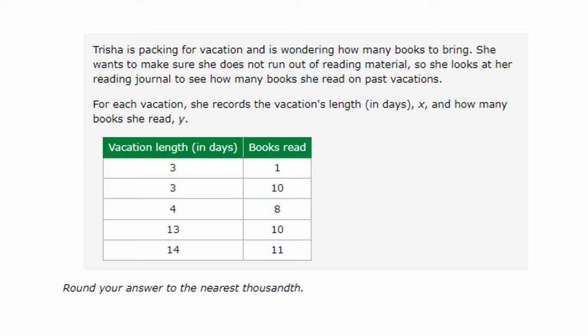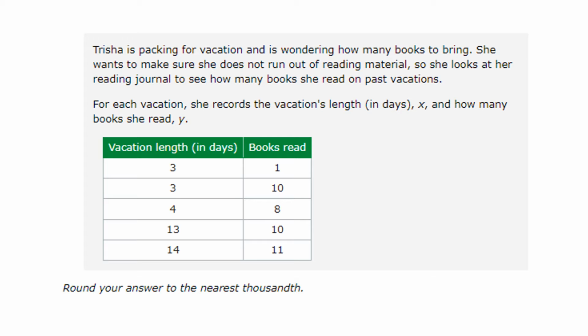So again, the vacation length in days is X. The books she read is Y. And this is going to be essential to what we are doing when we are running our statistical report.